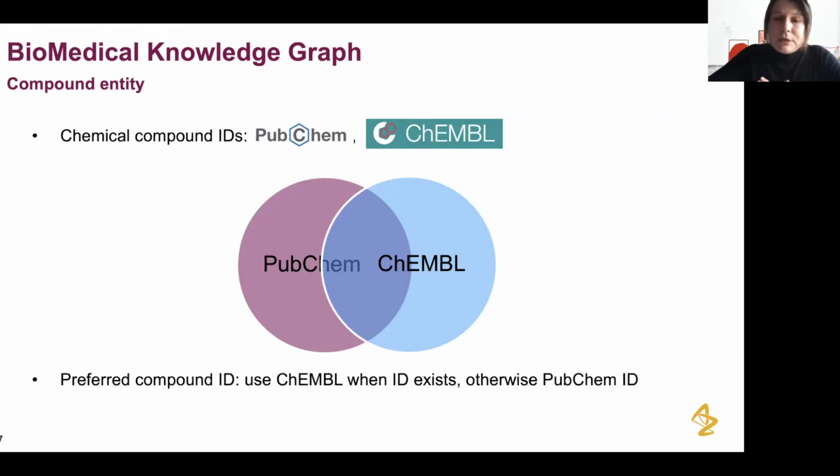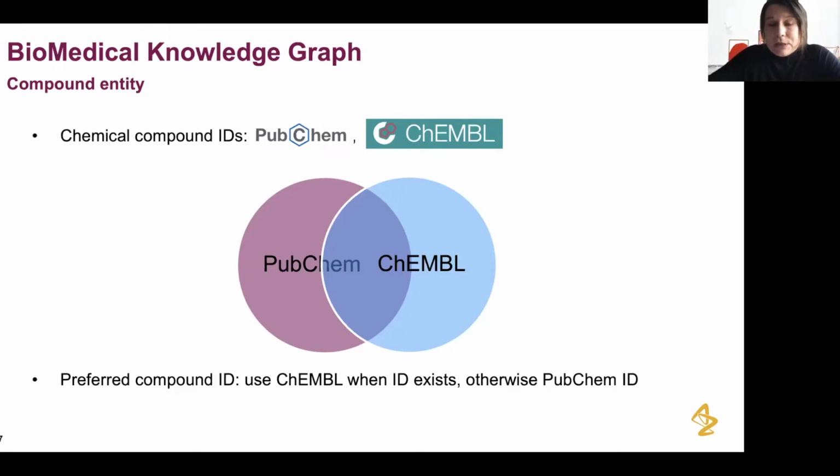In any publication where a chemical compound is mentioned, you will probably find a PubChem or ChEMBL ID. But the intersection between the two sets from PubChem and ChEMBL is huge. It's around 95%, though there are chemical compounds that are unique in ChEMBL or unique in PubChem.